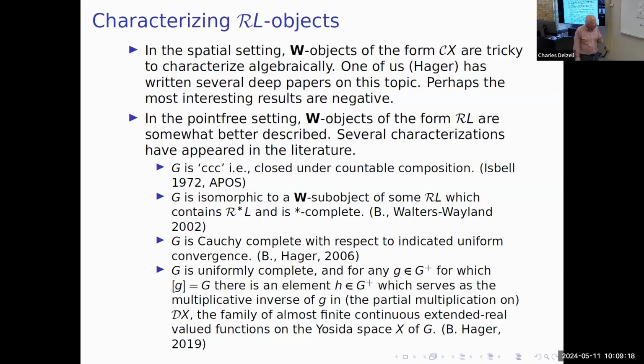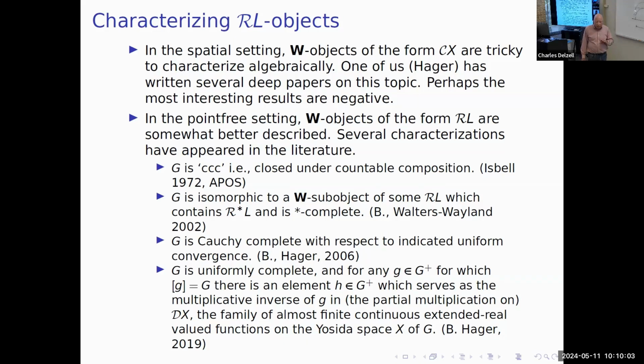And finally, here's a kind of funny and recent result of Tony and mine. You can say that a particular W object is all of R of L if it's uniformly complete, of course. But it also must have the following interesting property: every large element, where large here means that it generates the entire W object as a W-kernel, must have a multiplicative inverse in the partial multiplication on D of X. D of X is the X that Brian was talking about, the classical Yosida space.